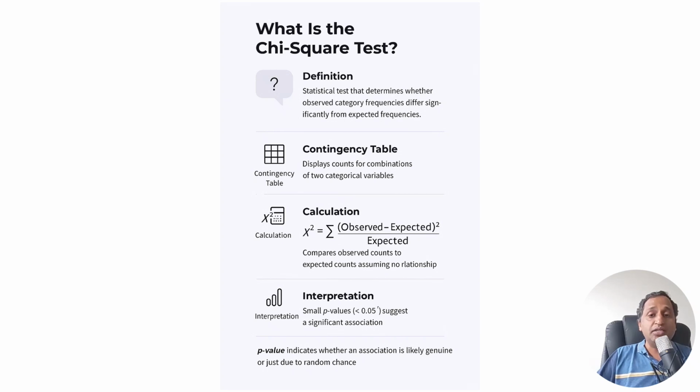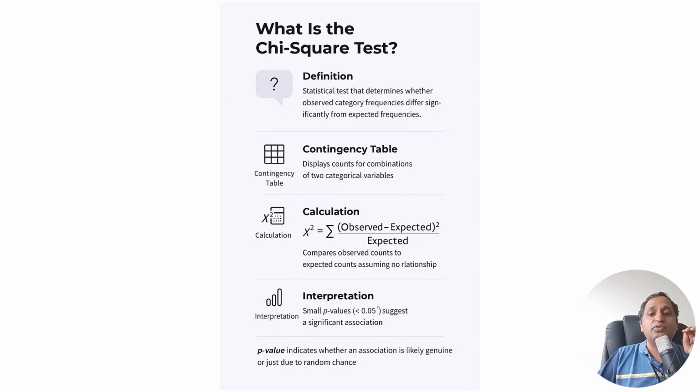The chi-square test calculates expected values assuming there is no relationship between the variables, which is very important to know. Then it compares those expected values with the observed values using this formula: the summation of observed minus expected, whole squared, divided by expected. This gives us a chi-square statistic, but that doesn't tell you the whole story.